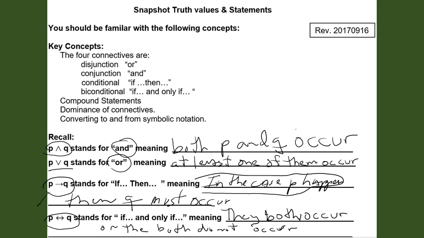So, and means both occur, or means at least one occurs. If then means in the case P does occur, then Q has to occur. But again, this is the weird one because it's only about when P happens. It says nothing about when P doesn't happen. The last one simply says they both occur or they both do not occur. They happen simultaneously. All right, moving on.